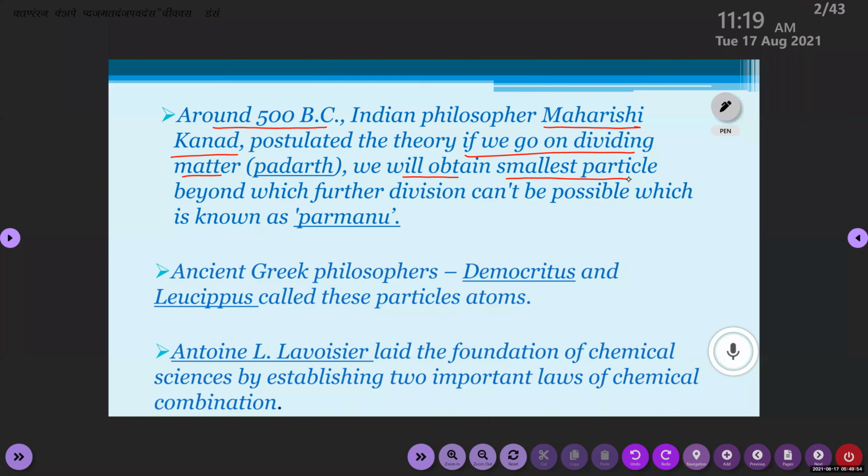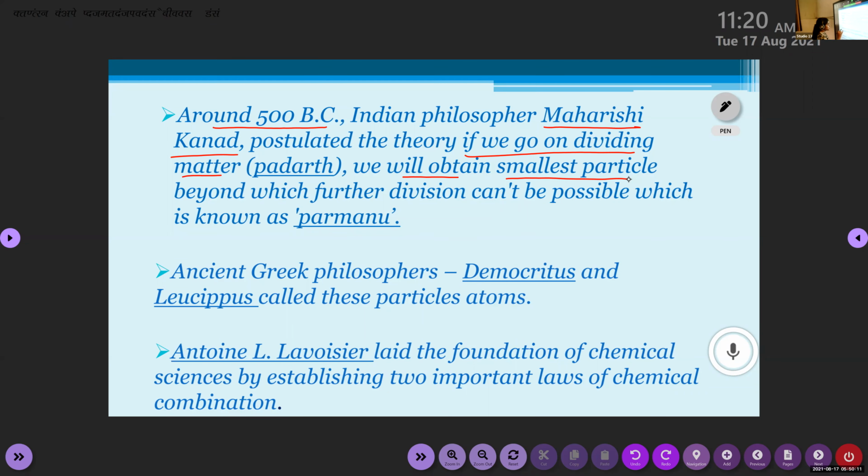Yes, ma'am. Around 500 BC, Maharishi Kanad postulated that the smallest particle obtained by dividing matter is known as paramanu.